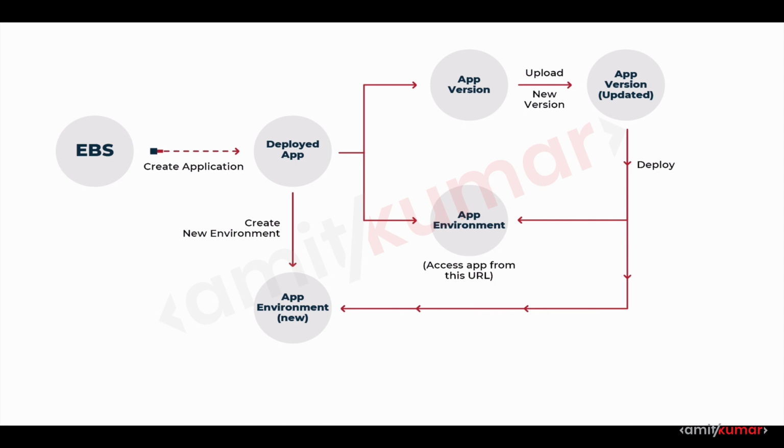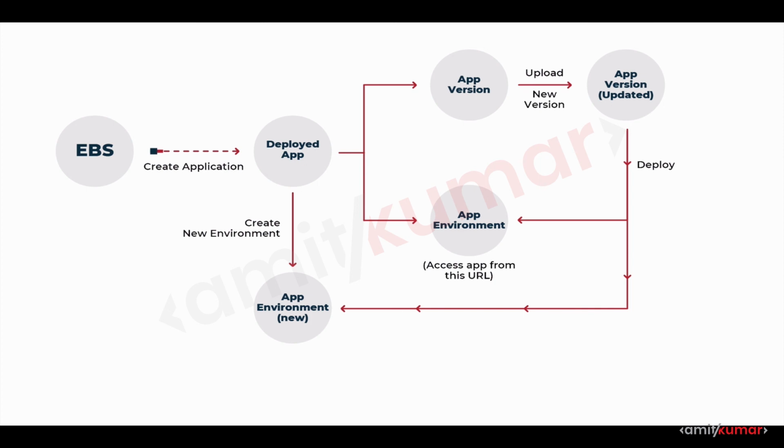All right. So we need to understand app versions and app environment. App version is the version of our application code package that we have uploaded on Elastic Beanstalk. And when it gets deployed in the environment, which generates a URL, right? So we can also upload and deploy a new app version straight away from the environment, right?